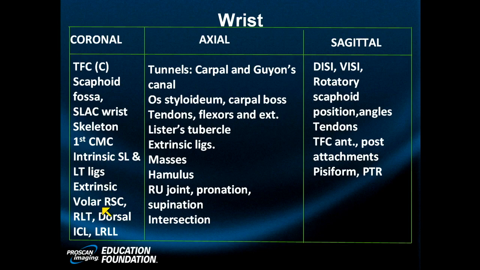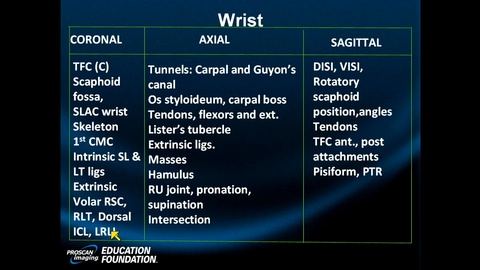We're going to look for the volar radioscaphocapitate ligament, the radiolunate ligament, the dorsal intercarpal ligament, and the long radiolunate ligament. Axially, my second favorite projection, for tunnels: carpal tunnel and the syndrome of Guyon's canal.